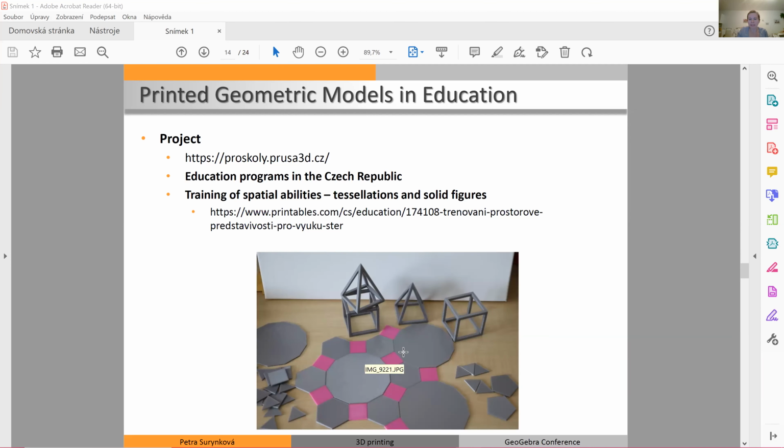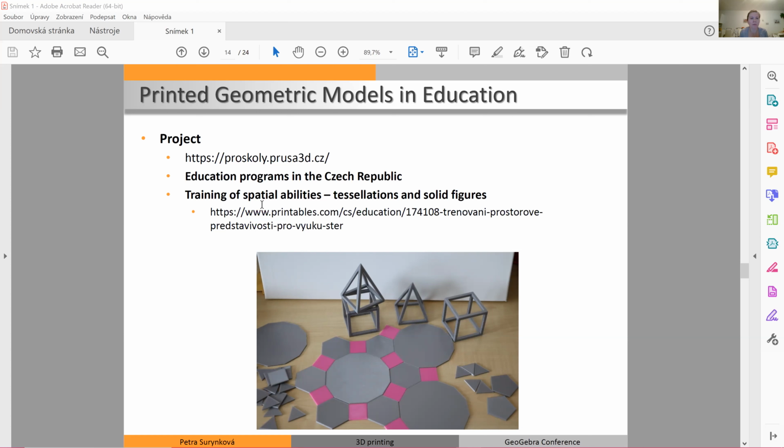What else am I using? Together with my secondary school students, we prepared a project, because in the Czech Republic, I'm not sure how it works outside the Czech Republic, there are companies which are producing 3D printers, and they are offering the possibility that if you have some projects, some ideas for what you would like to use 3D printers for, you can get 3D printers for free if they like your project.